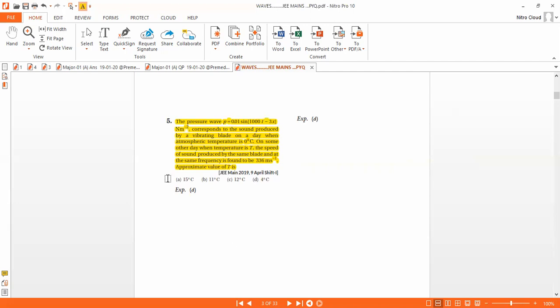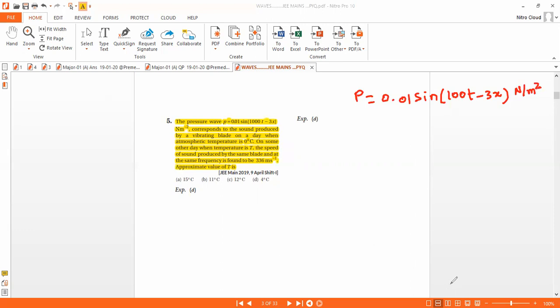Approximate value of T. Initially they gave the pressure of the wave, that is 0.01 times sine of 100t minus 3x Newton per meter square, or Pascal.